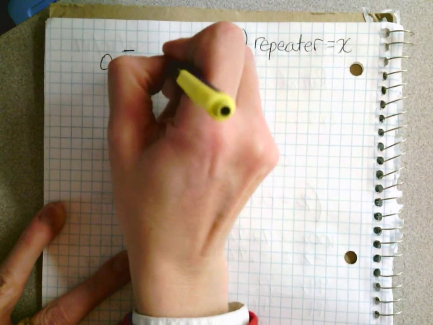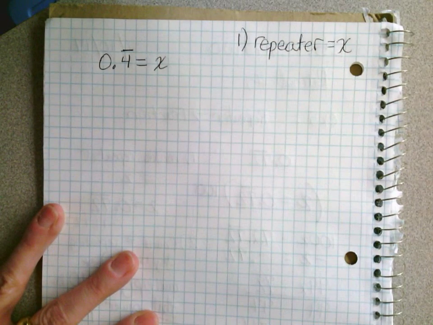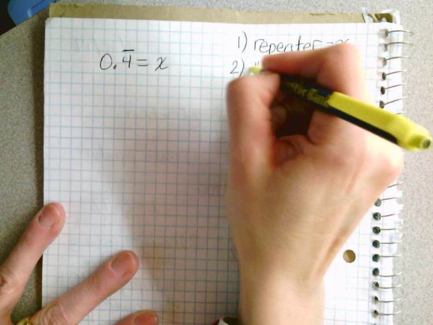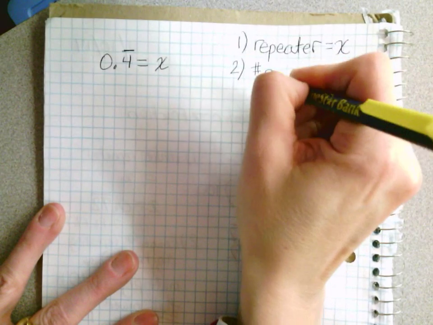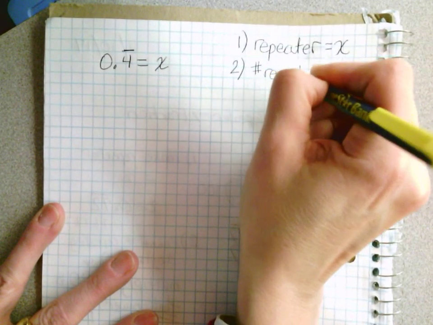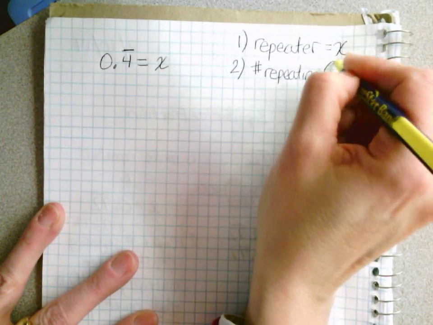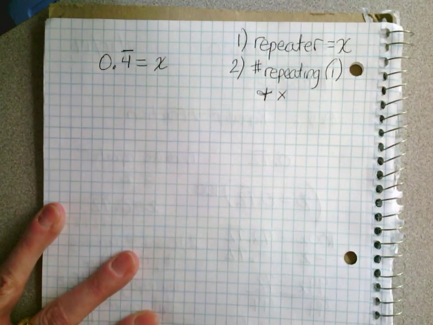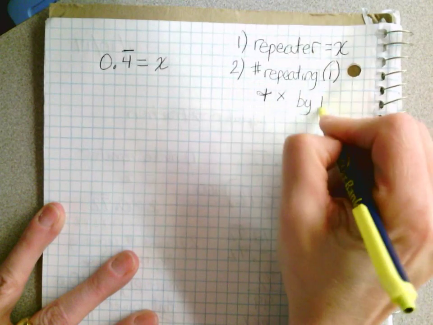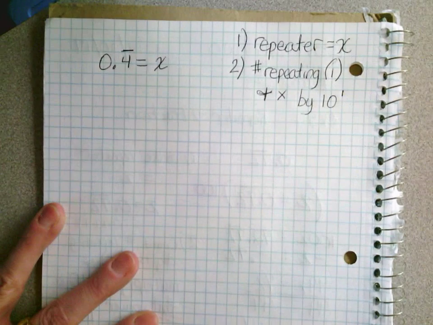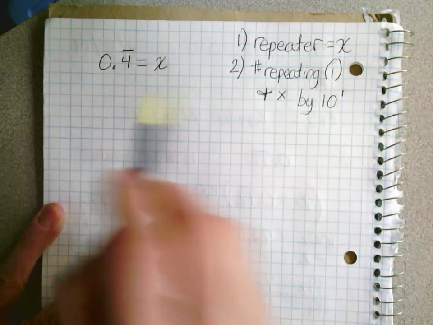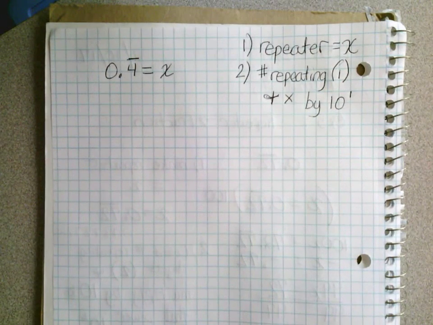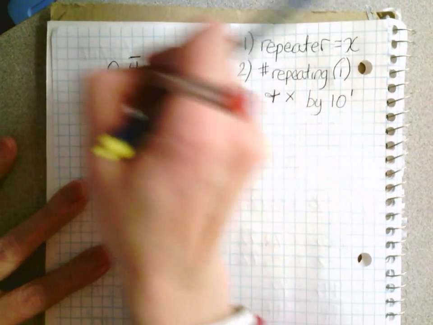Repeater equals x. Step 2, count the number repeating. How many is there repeating, by the way? 1. And multiply by 10 to that power. In this case, we're going to multiply both pieces by what? 10 to the first power, which is 10.